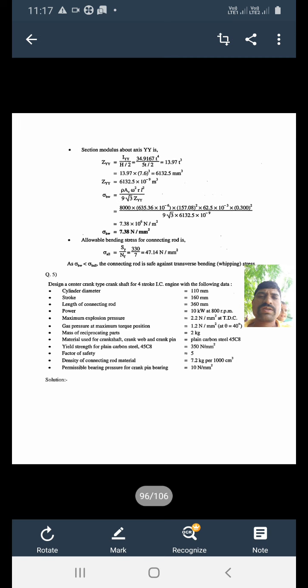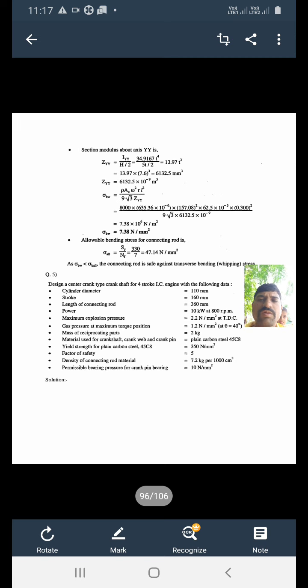Then you will get ZYY is equal to 6132.5 mm cube. In a similar way, you calculate sigma BW. You will get the value 7.38 Newton per mm square with the help of the given formula.